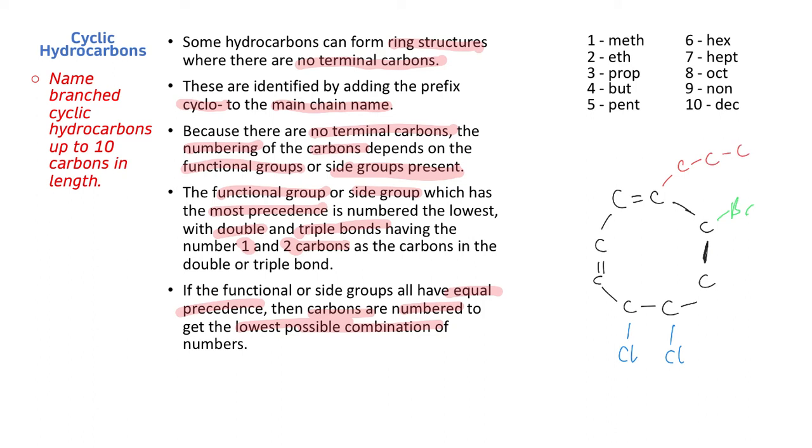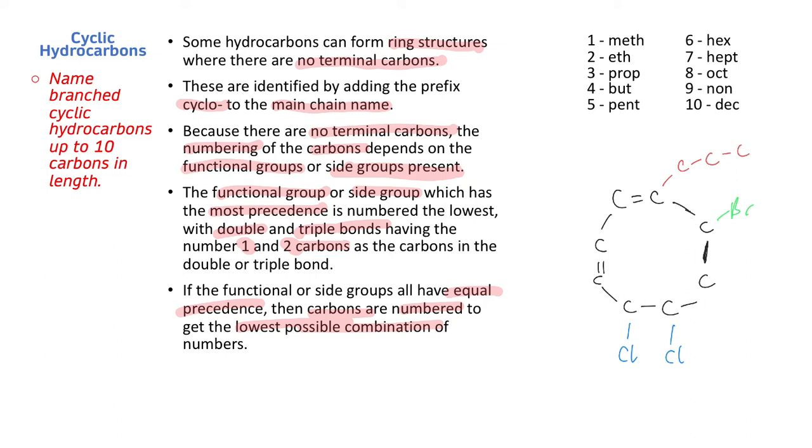Let's do this. First of all, we have to work out how to number it. Should I number it clockwise or anti-clockwise, and which way should I number it from? We know that the double bonds have the highest precedence, so they should get at least the number 1.